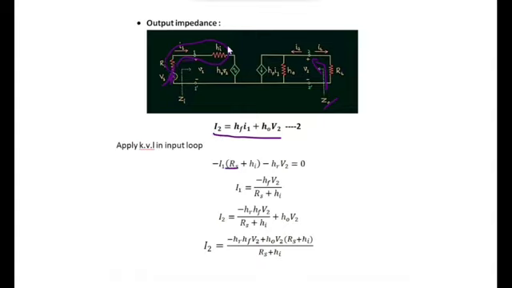The current flowing through this circuit is I1.